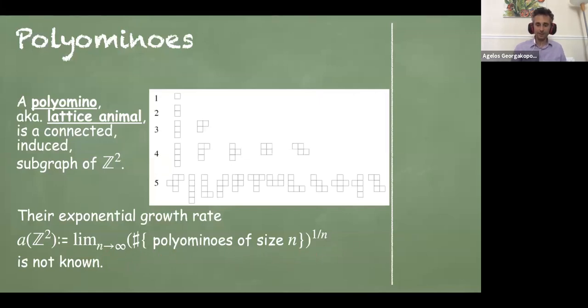They know they grow exponentially fast, but what's the constant? What's the exponential growth rate? All right, there have been lower and upper bounds. Let me give you a general method that gives you an upper bound. And that works not only for the square lattice, it works on any graph.